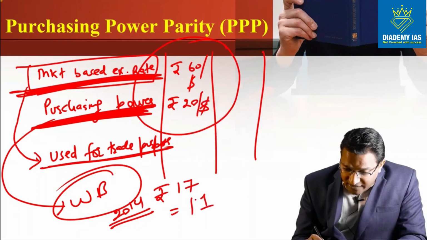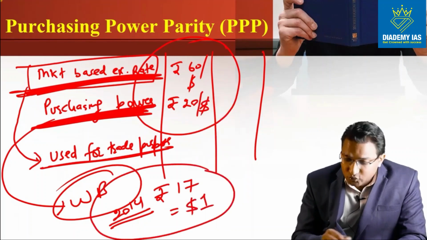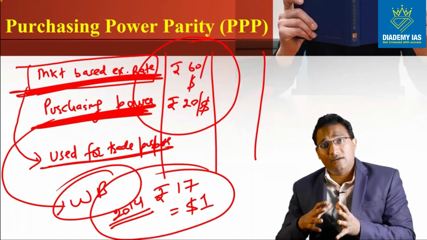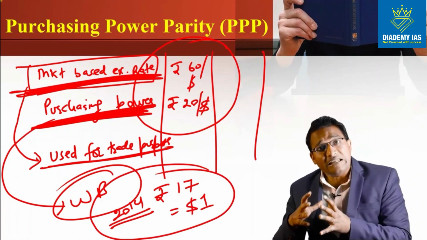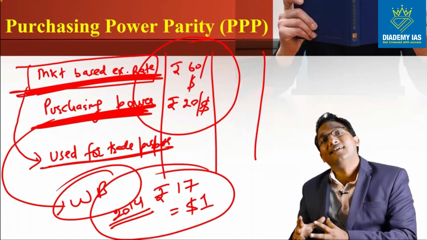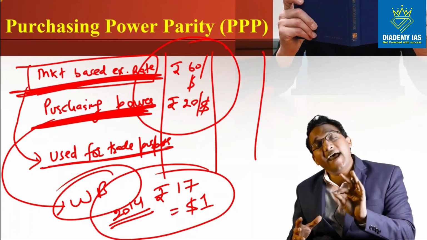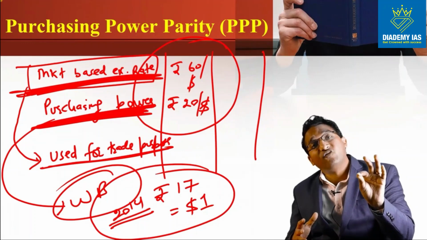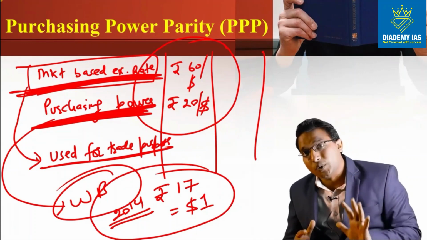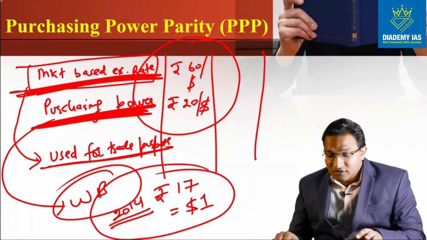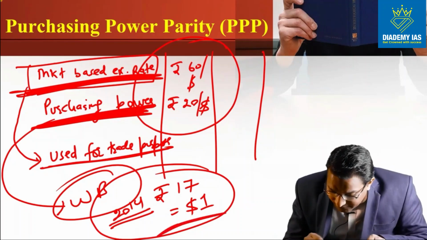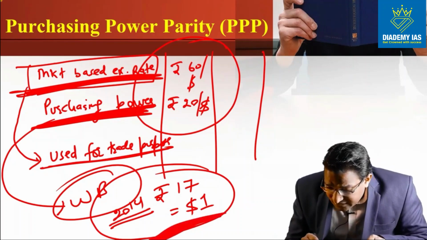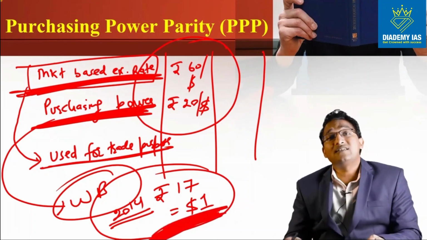So this is the PPP based value. The same thing which rupees 17 can buy in India, that amount of goods will be purchased from $1 in the USA, right? So based upon PPP, this 17 rupees is the correct figure.